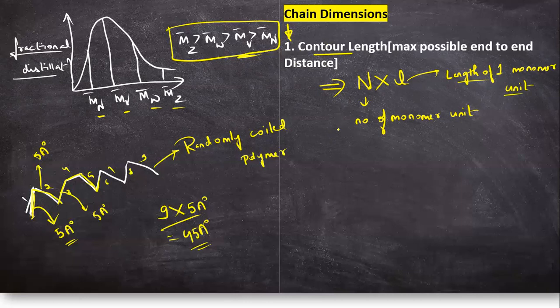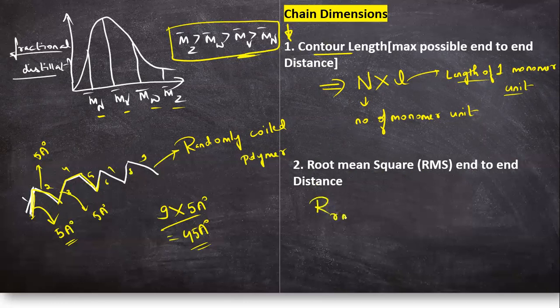Next, let us go on quickly with the second chain dimension, that is the root mean square end to end distance. Let me represent this simply as RMS. The root mean square distance formula is root n into l.